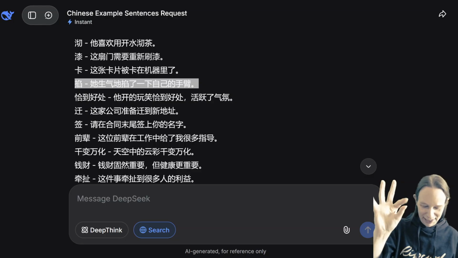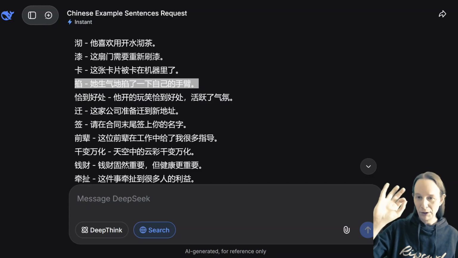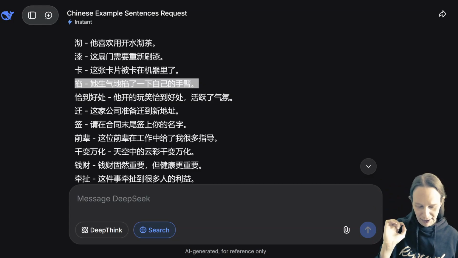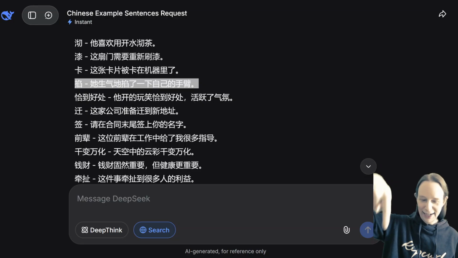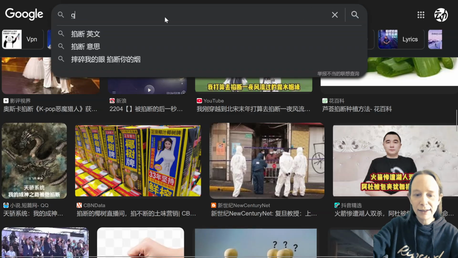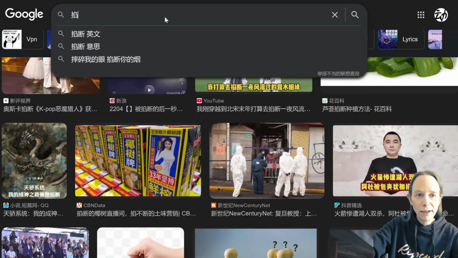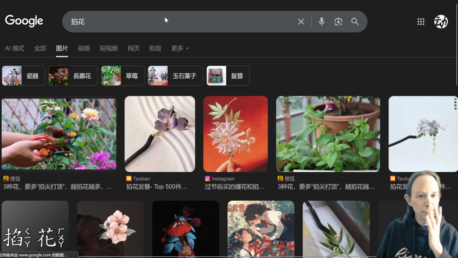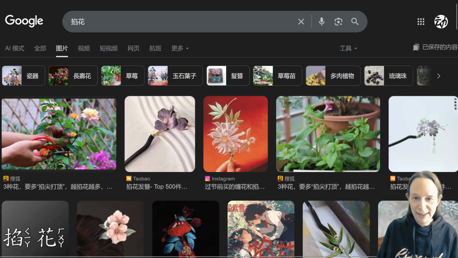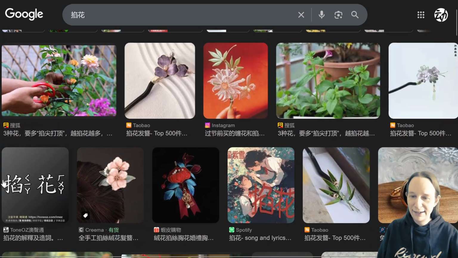This kind of pinching action to apply pressure or snap off something. 用指甲按, the fingernail to push. So 掐花. Okay, 掐花. Okay, so this is to pinch. Oh, this is to break off even a flower.